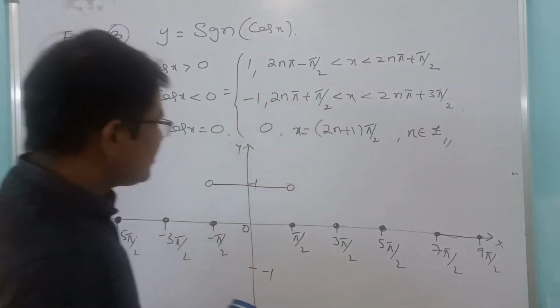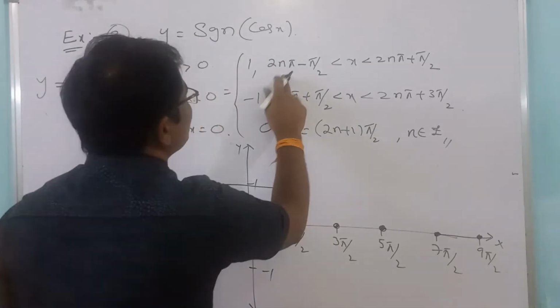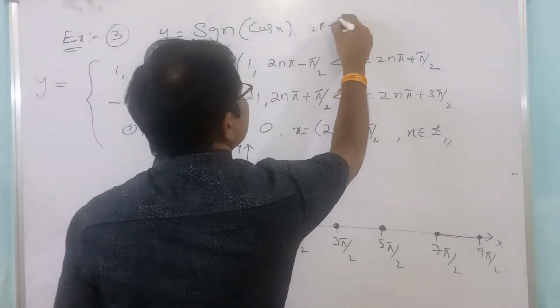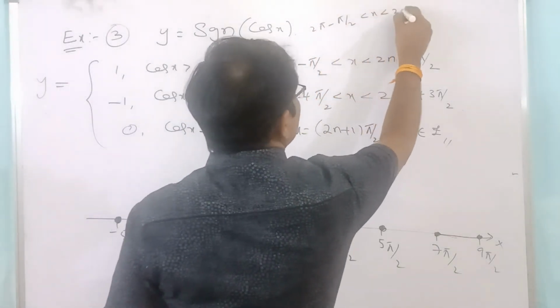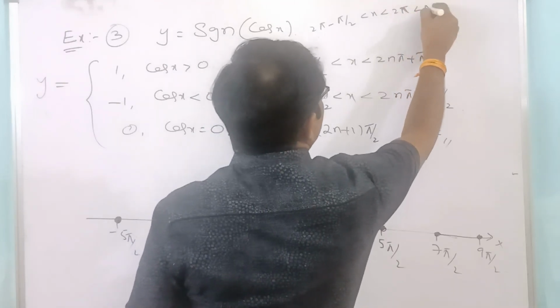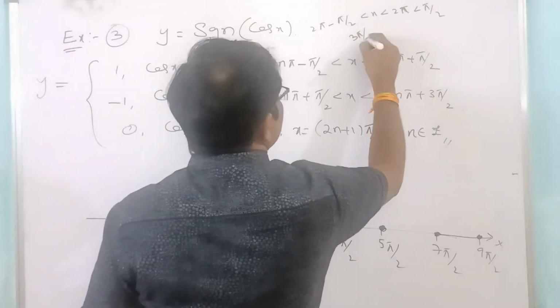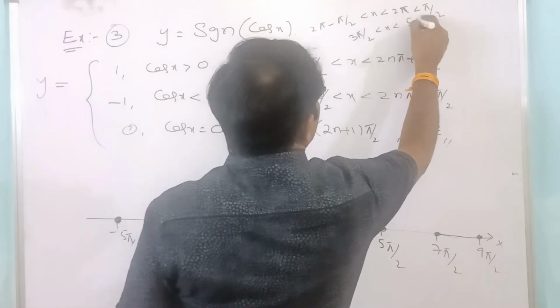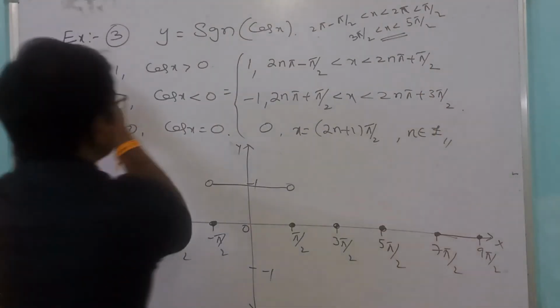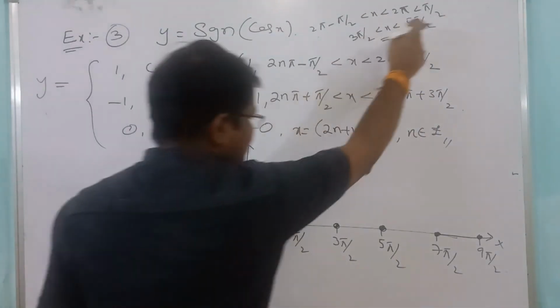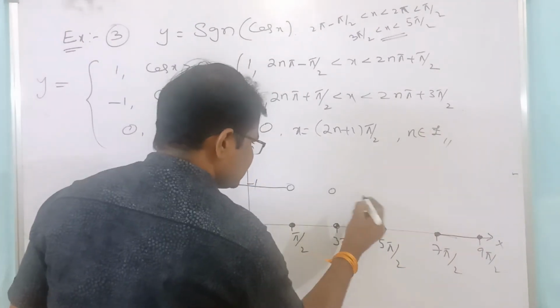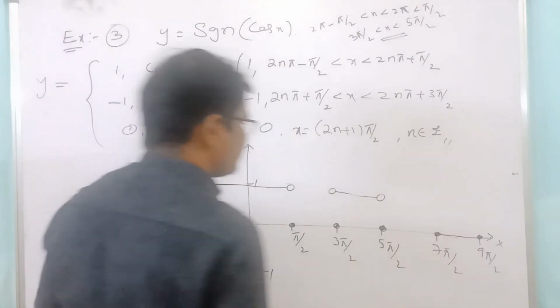Next, n equal to 1: 2 pi minus pi by 2 less than x less than 2 pi plus pi by 2, that is 3 pi by 2 less than x less than 5 pi by 2. In this interval also y is 1 only.